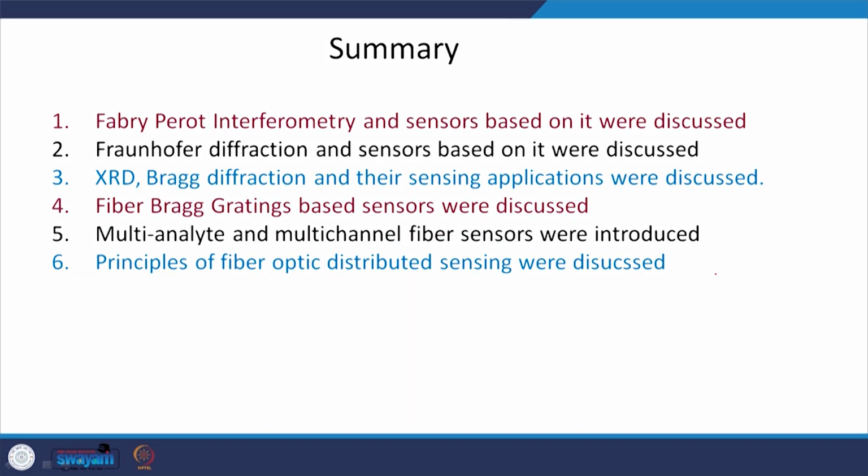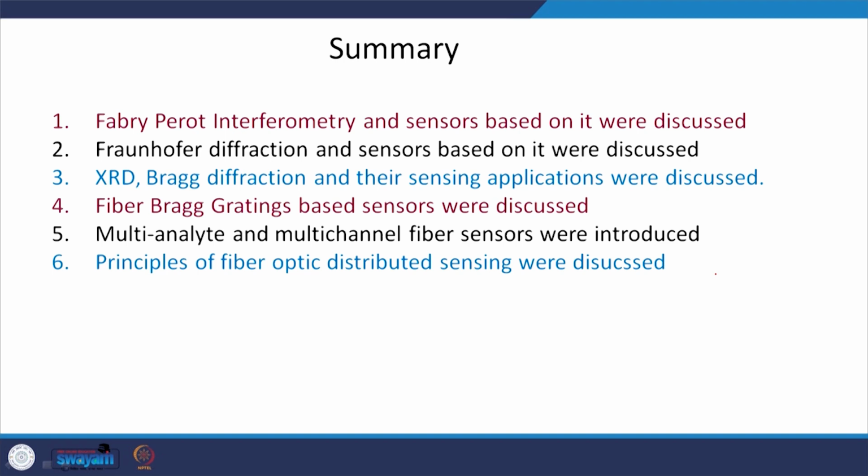So, let us summarize this talk. Today we studied what Fabry-Perot interferometry is and how we use it for sensing applications. We also discussed briefly Fraunhofer diffraction and how we use it for sensing. We also saw XRD and Bragg diffraction and sensing applications.